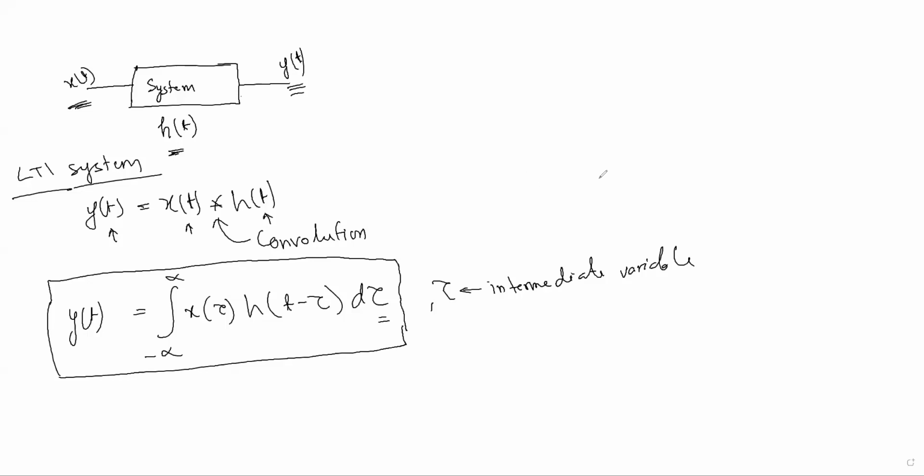Here tau is the intermediate variable. So what are the operations involved in this equation? Here tau is the main variable, so you have to write h(t) as a main signal.